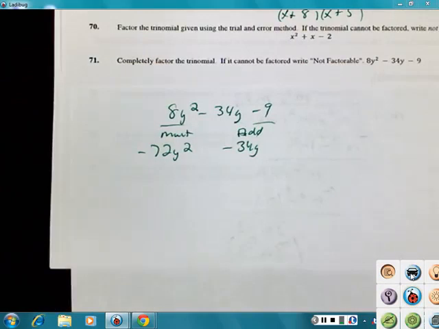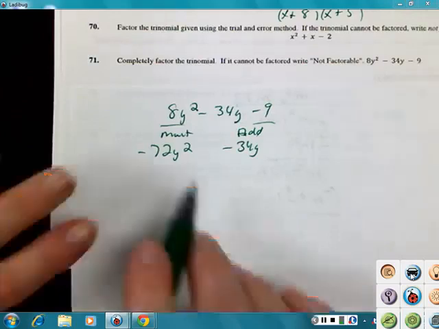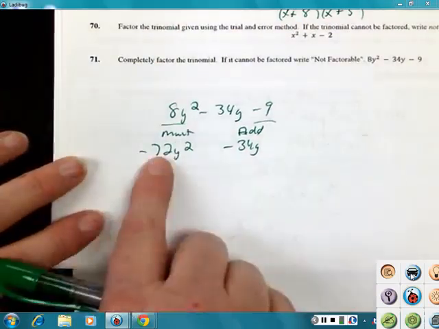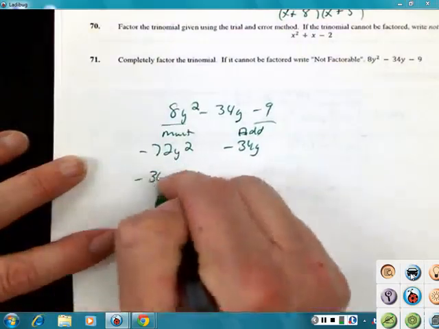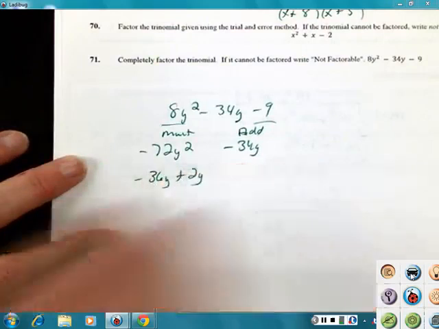So 72 divided by 1 is not going to help me out. 72 divided by 2 gives me 36. Yes, right there: 2 and 36. Because remember, this 72 is negative, so your 36y is going to be negative, and your 2y is going to be positive.